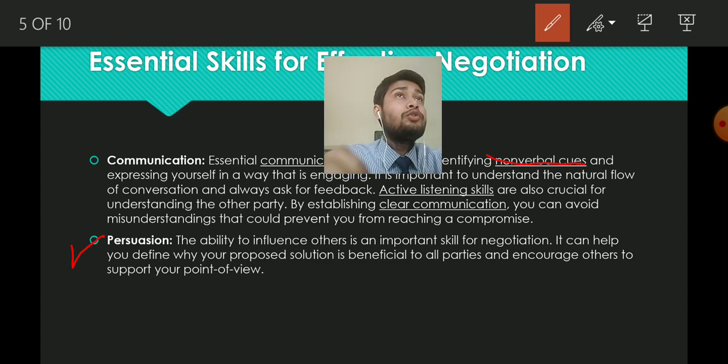This is also a very important skill and will be useful to give your point of view to the other party, what you want to express. There are times when the other party is not agreeing, so there the skill comes in that you can persuade him not to take option A but to take your option, which is option B. So there the skill of persuasion would come into effect.